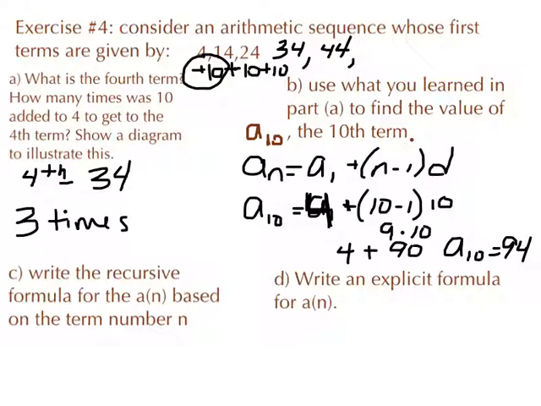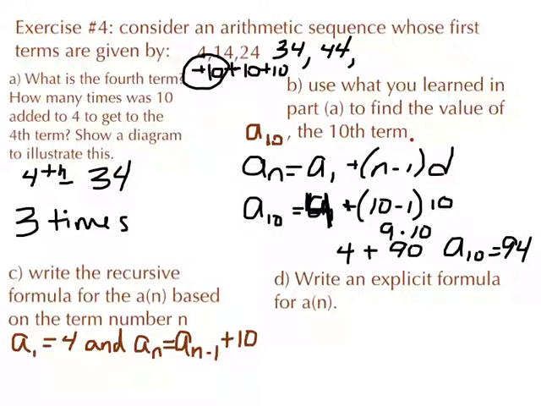Now let's go ahead and write down the recursive formula. I'm going to do the recursive formula in orange. A sub 1 equals 4. And a sub n equals a sub n minus 1 plus 10.